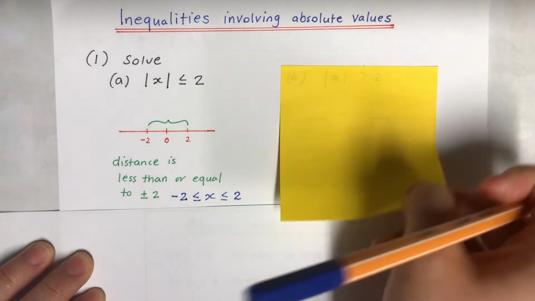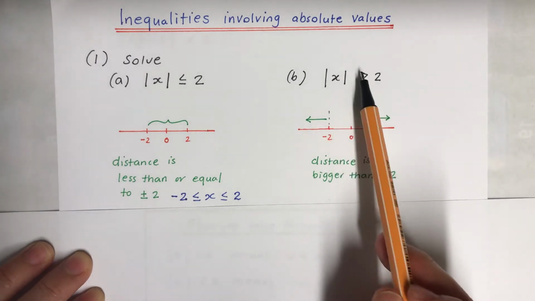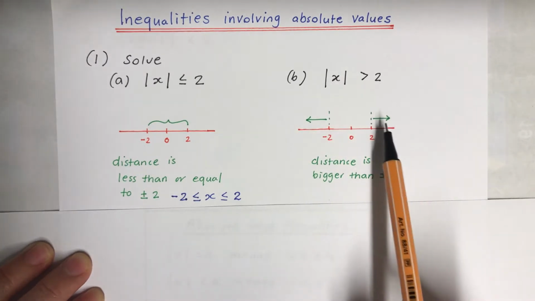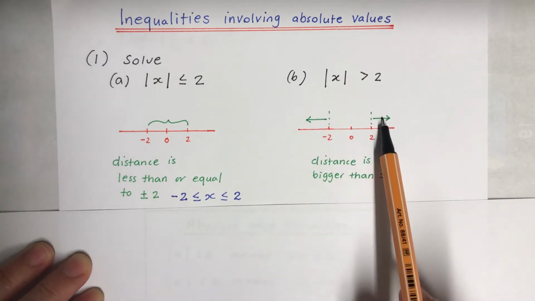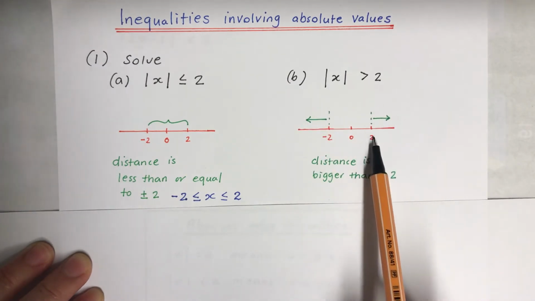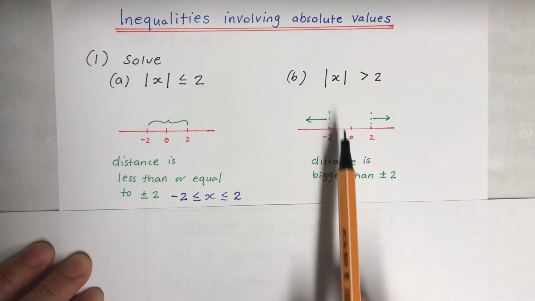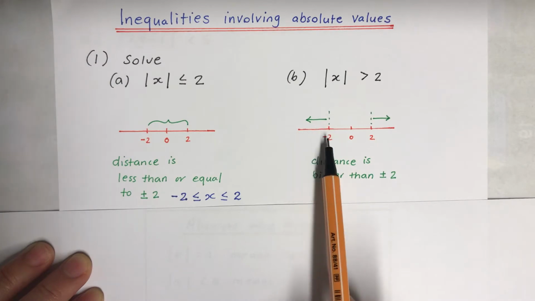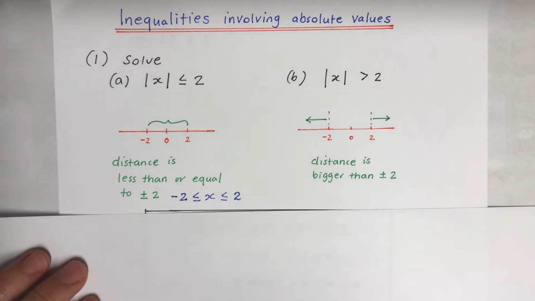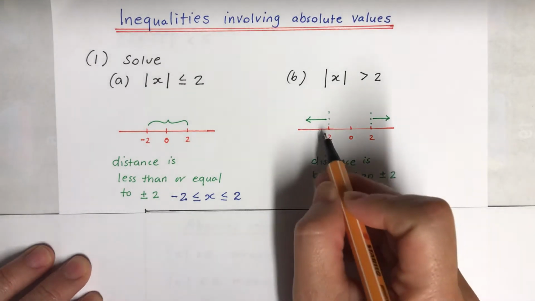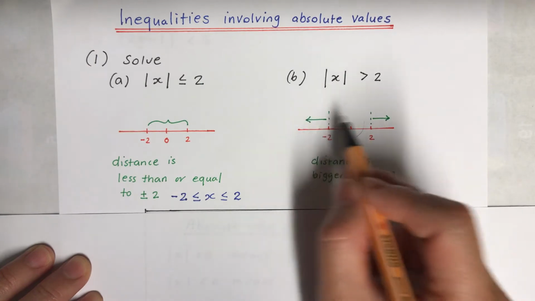Okay, so another one is like this. What this means is the distance is bigger than 2, so it's out this way and out the other side, because it's bigger than 2. It's all going to be positive anyway, so there are 2 conditions here, this one and this one.